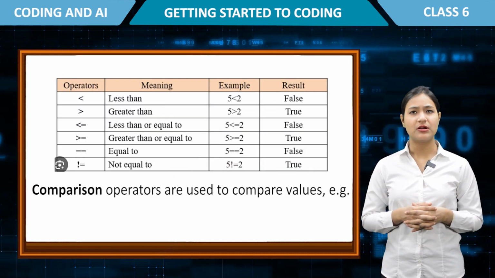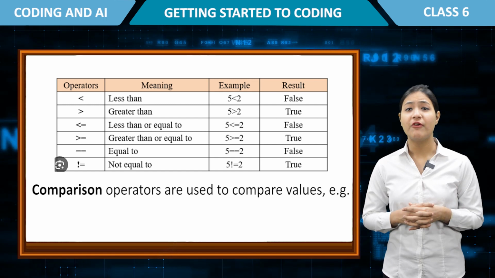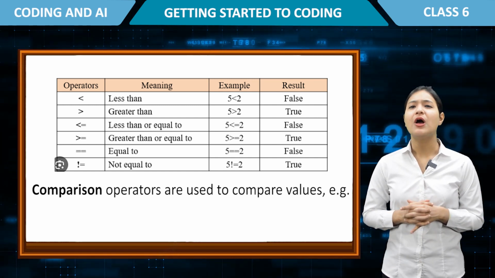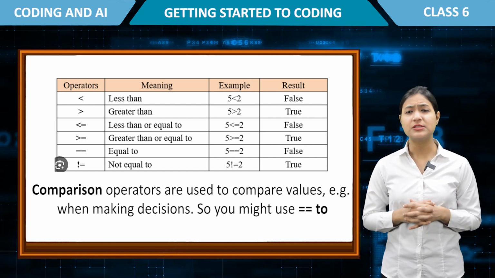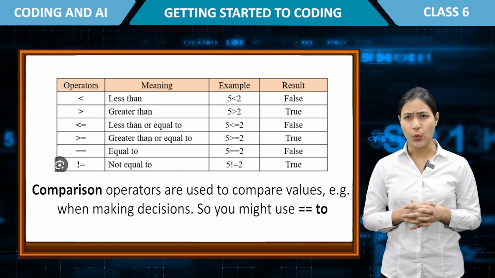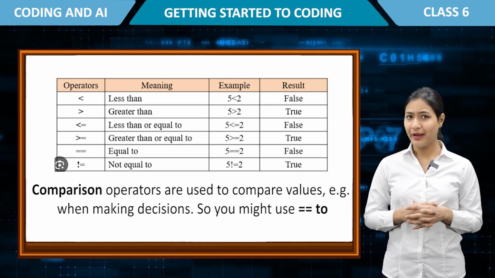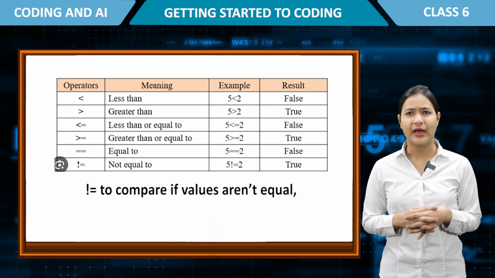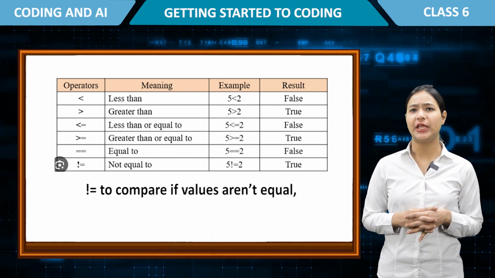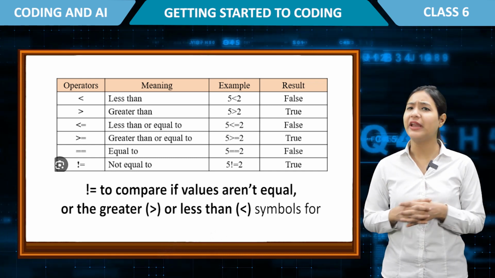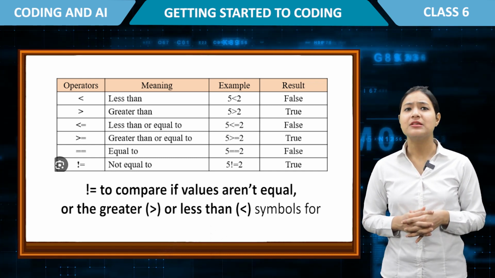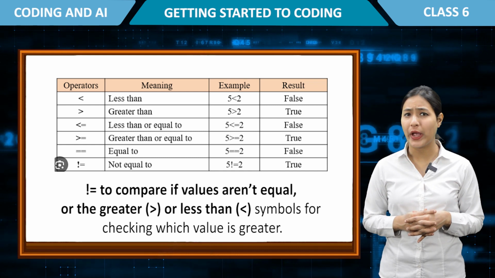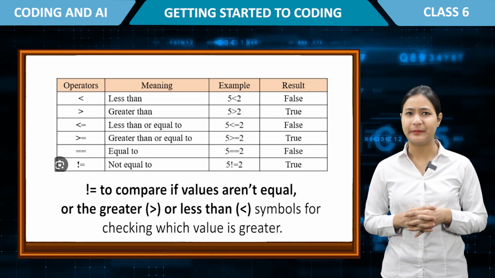Comparison operators are used to compare values, for example, when making decisions, so you might use double equals to compare if two values are equal, not-equals to compare if values are not equal, or the greater or less than symbols for checking which value is greater.